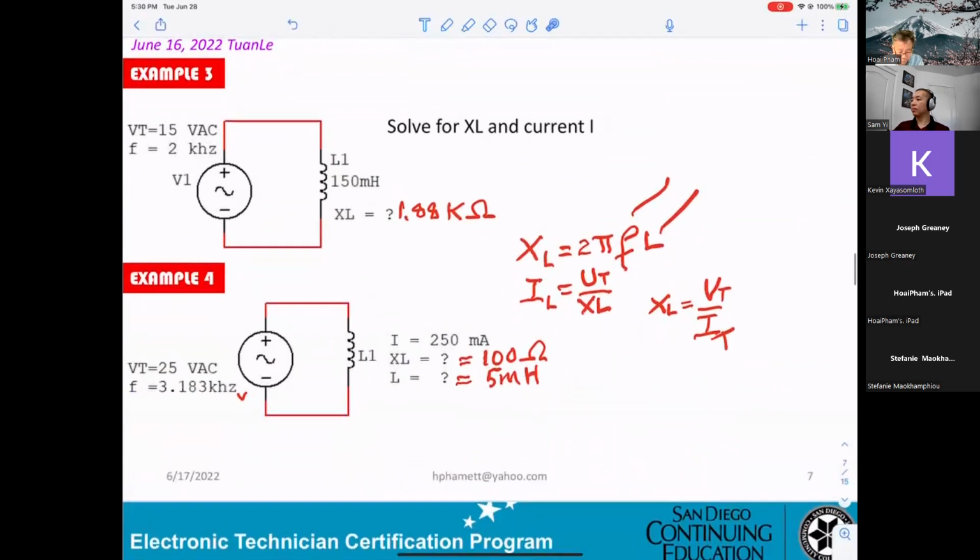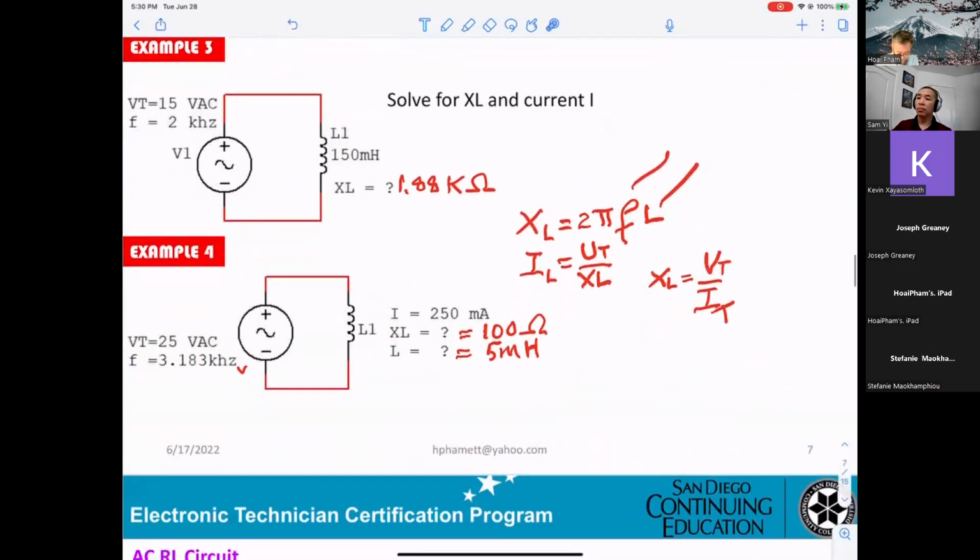And yesterday we already gave you example number 5, where they want to know XL, and we already did that. If you have a question, let me know.